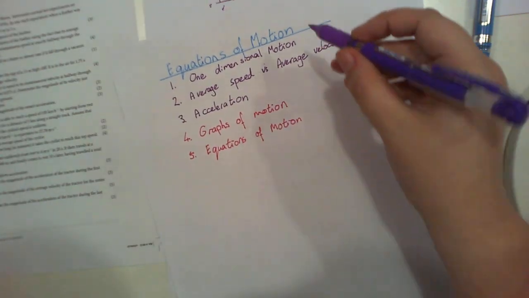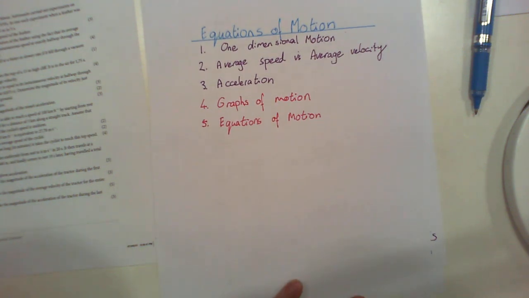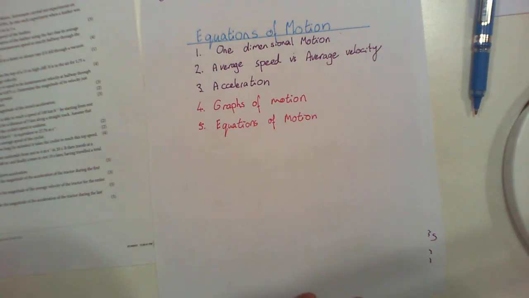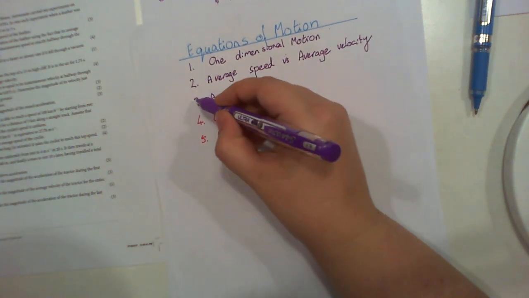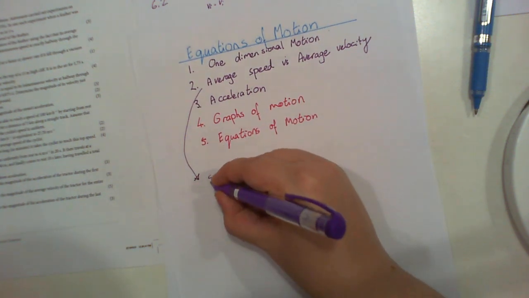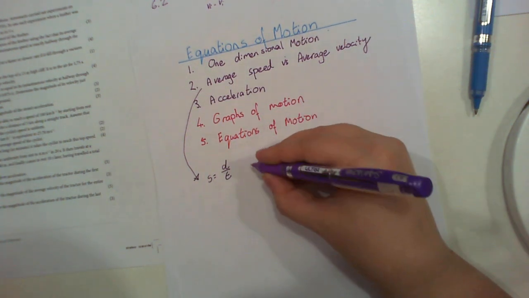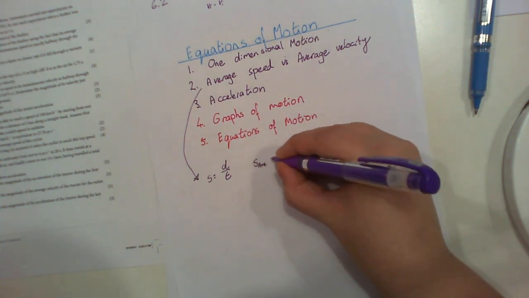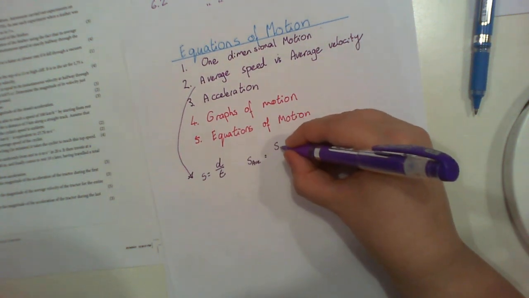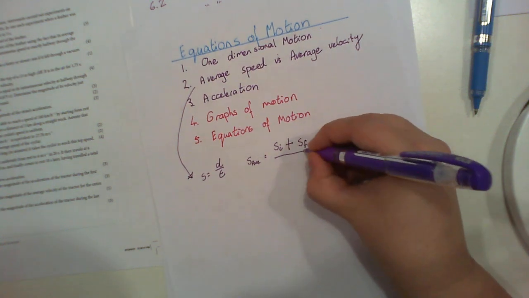We've defined what we mean by one-dimensional motion. Just to recap, it's not something you'll be asked, but when we talk about motion in one dimension, we literally mean imagining it's on a string. We've got average speed and how to calculate it. Of course, we need to know speed is distance over time, and average speed is your initial speed plus your final speed over 2.